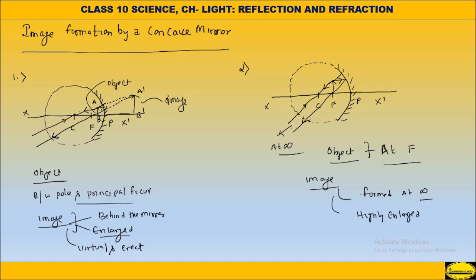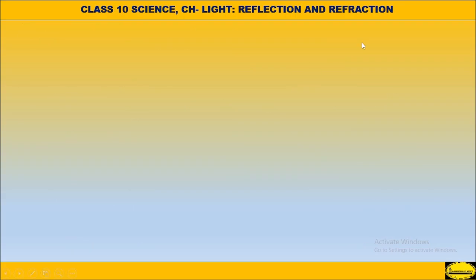The nature of the image is real and inverted. If we get the image somewhere at infinity, in what way do we get it? We get it somewhere below the principal axis, and it will be inverted, and it will be a real image. We can just locate the object A, B, and we can just locate the image as A dash, B dash. So this will act as image, and this will act as object.